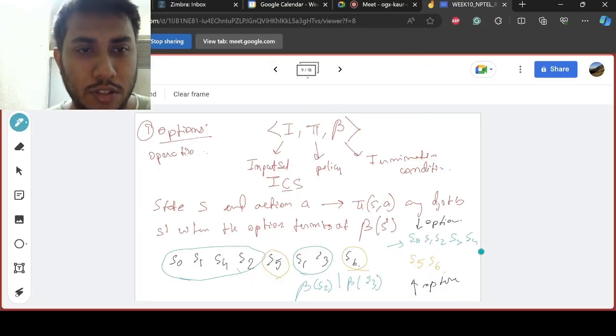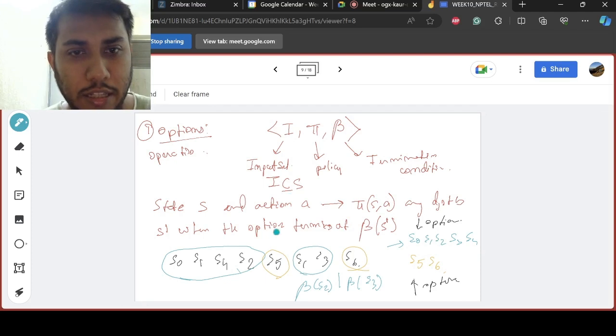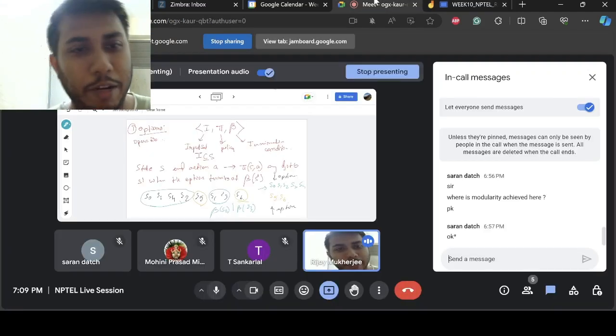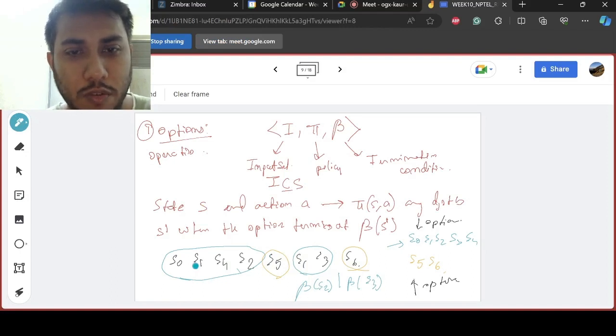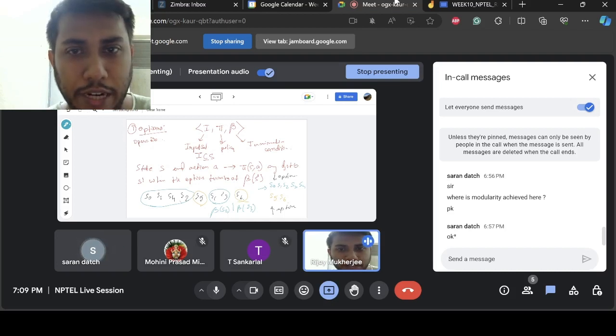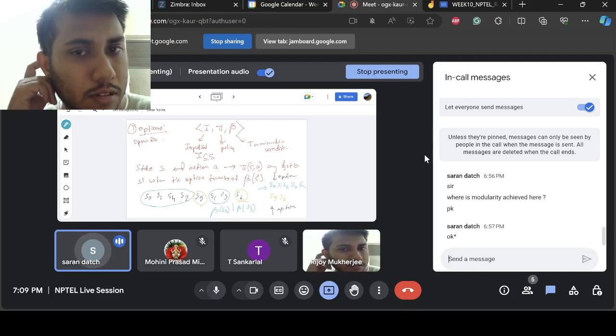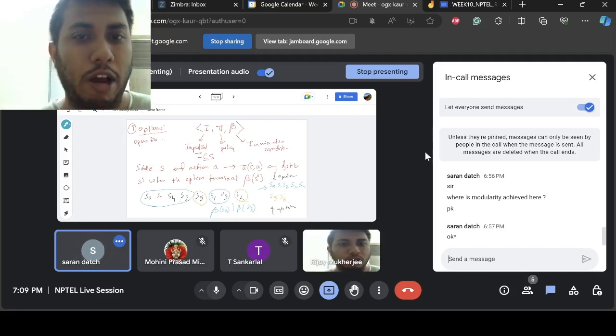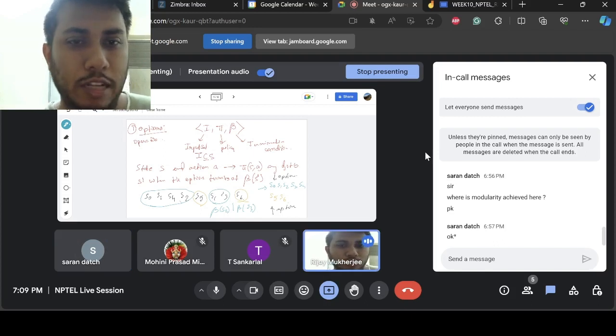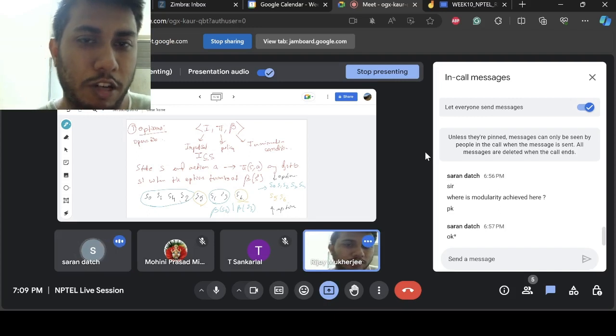So these are all your I's, the subsets of the input set, and this is another input set, right? There is a specific policy we don't know. We know, but I haven't written any policy here. But there is some policy based on which this trajectory happens, and it only terminates on ending in state S2 or S3. So that is your terminating condition. Sir, S5 and S6 are also terminating conditions, no? Yeah, for that option, the space is S5 and S6, and that is your terminating condition.